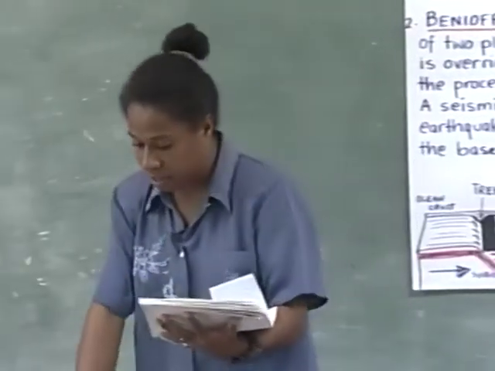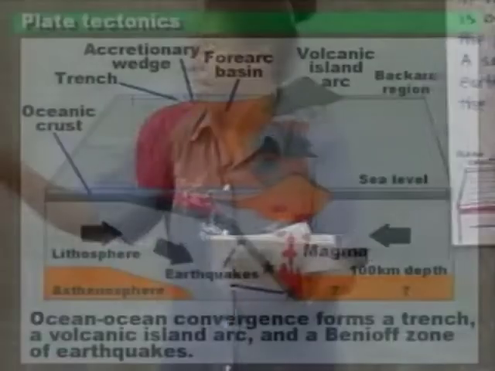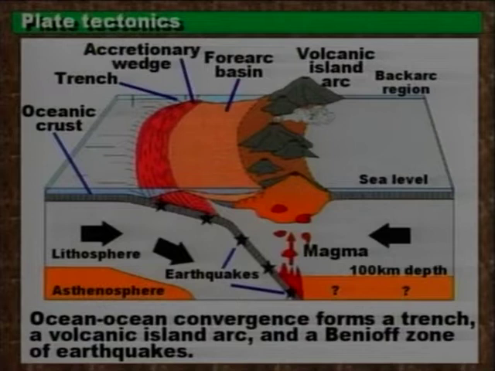So if we go back to the diagram, we can see that, as represented by the star. It goes on to say that the existence of deep focus earthquakes to a depth of about 670 kilometers tells us that the brittle plates continue to that depth.